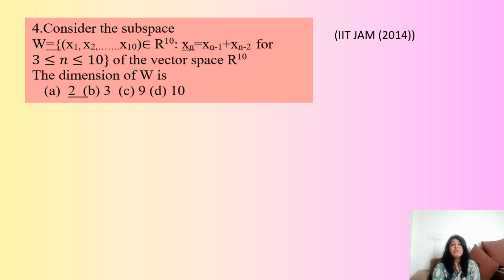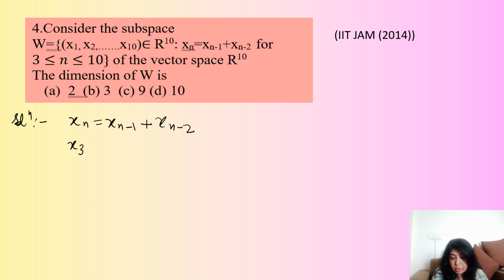The dimension of W is, you have to find the dimension of W. So what we are given? We are given xn is equal to xn minus 1 plus xn minus 2. So n varies from 3 to 10.